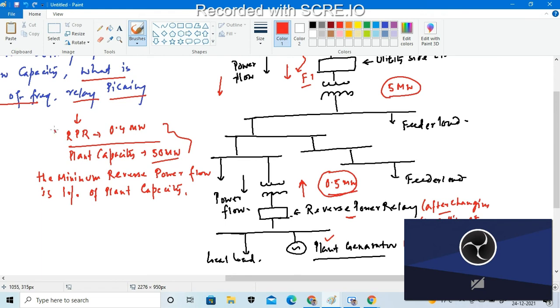If the reverse power relay has a setting of 0.5 megawatt, with a plant capacity of 50 megawatt, the minimum reverse power flow relay setting is 1% of the plant capacity.